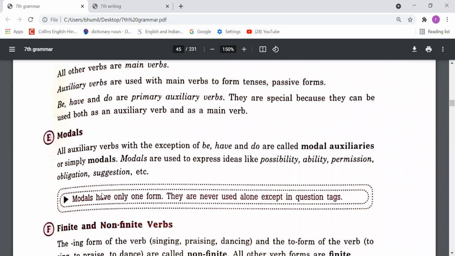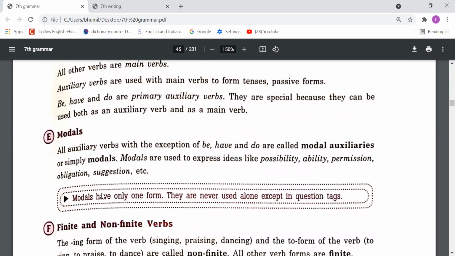Okay. Next, E point, modals. All auxiliary verbs with the exceptions of be, have, do are called modal auxiliaries or simple modals. Modals are used to express ideas like possibility, ability, permission, obligation, suggestion, etc. Modals have only one form.